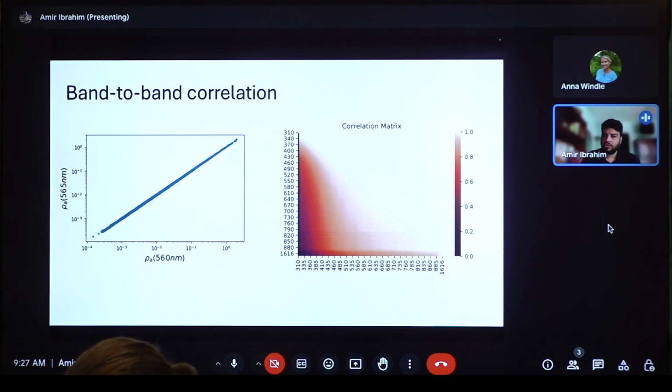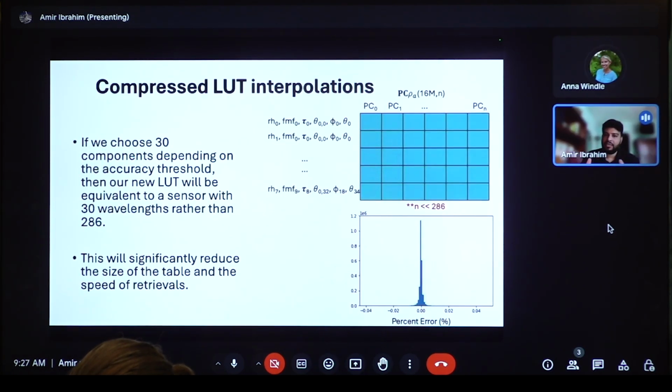So how can we utilize that information to further reduce this dimensional lookup table? What we ended up doing is using compression techniques to reduce the size of the lookup table so we can speed up the computational efficiency of our processing, so when we run SeaDAS, it runs within reasonable time. We ended up utilizing principal component analysis, which is a form of simple machine learning technique.